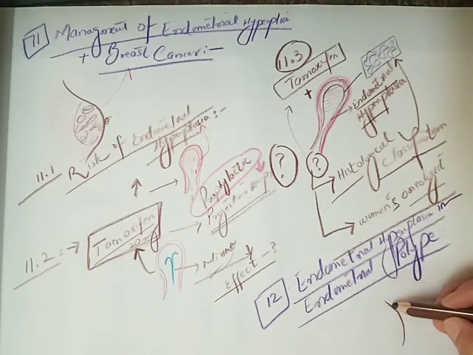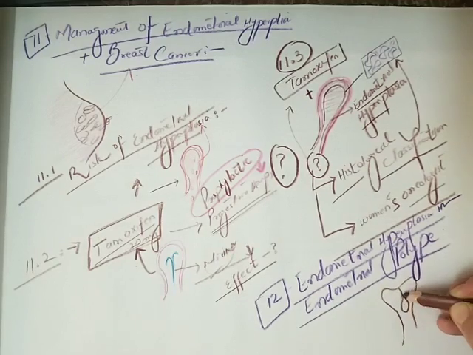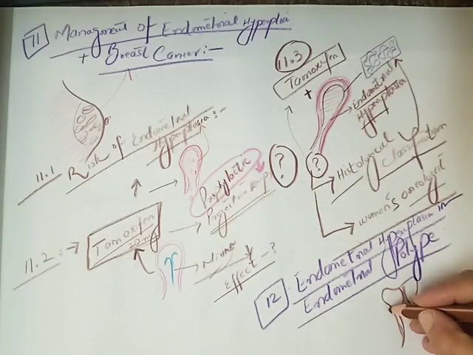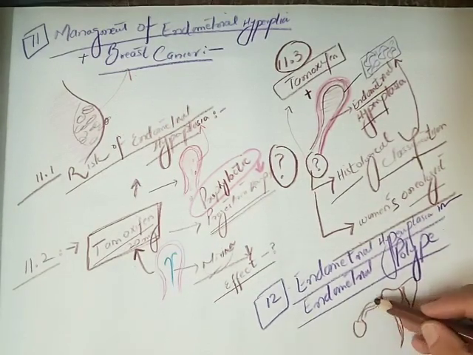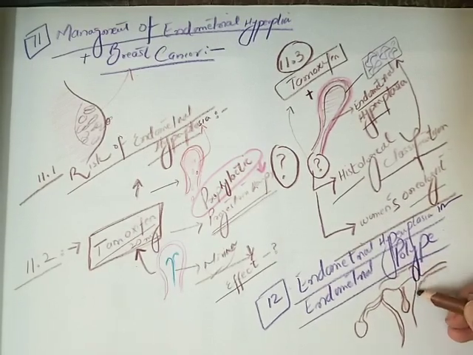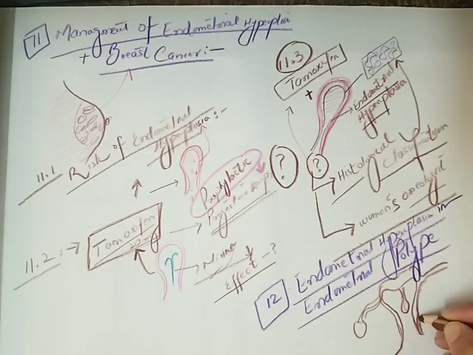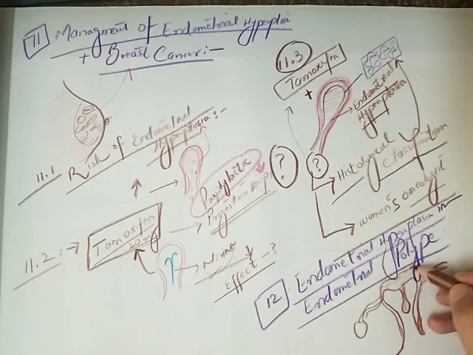Suppose we found that there is an endometrial polyp, maybe on speculum examination, maybe on ultrasound, or maybe on hysteroscopy, by whatever investigation or diagnostic modality, and there is suspicion of endometrial hyperplasia in that.